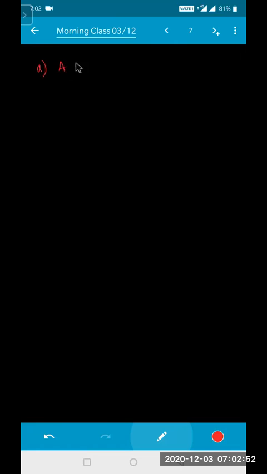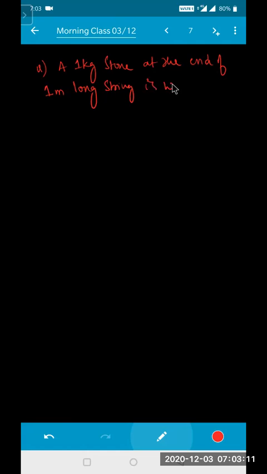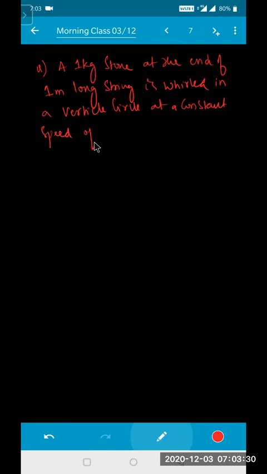Take 1 kg stone. A 1 kg stone at the end of a 1 meter long string is whirled in a vertical circle at a constant speed of 4 meter per second.